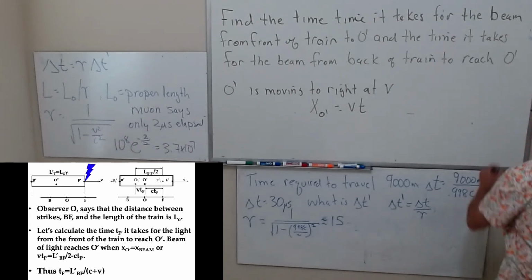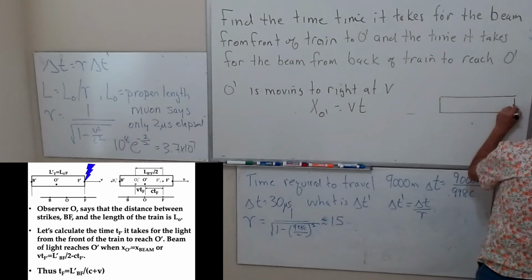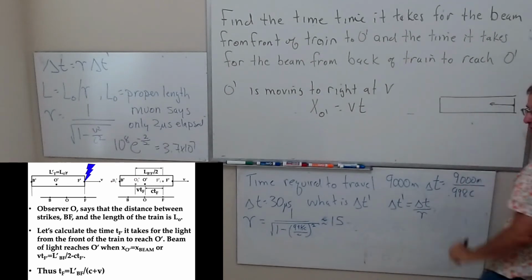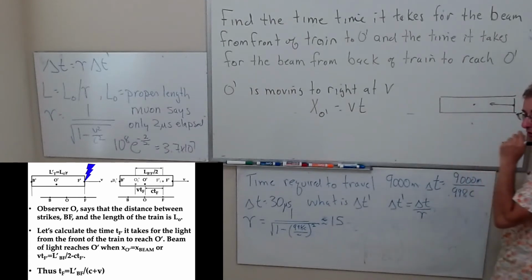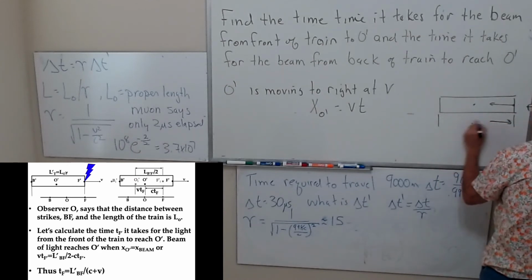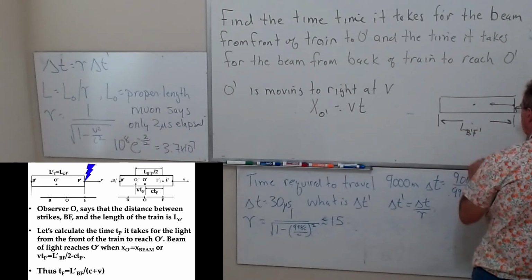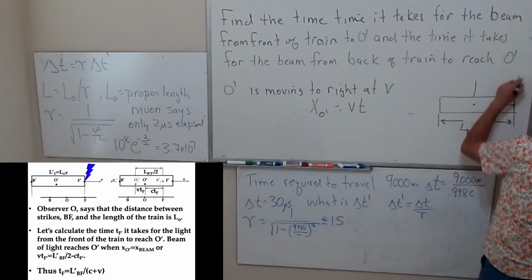The position of the beam of light starts here and moves this way. So if this whole distance, according to the person in the train, is L, B prime, F prime, then this distance is half the value.